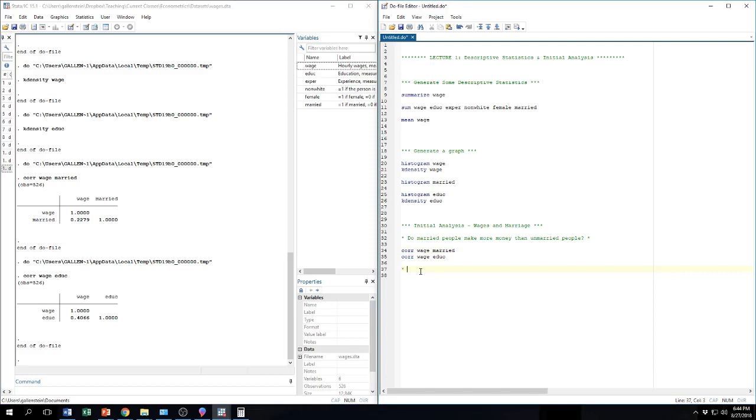We might even want to say how much more income married people receive than unmarried people.